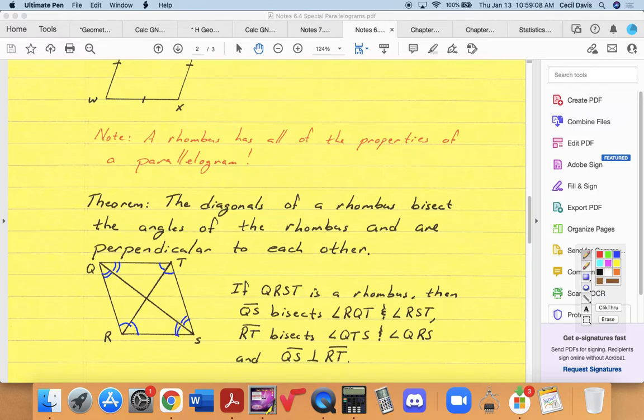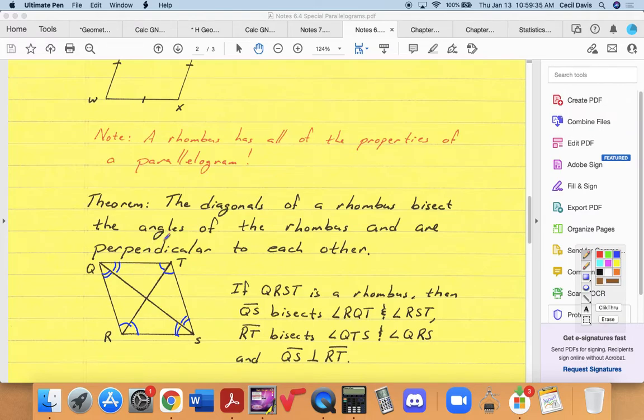But they're not all congruent. All four of these are going to be congruent, yes. I mean, all 8. Not all 8, no. Why not? Because angle QRS is more than 180, and angle RQT is less than 180. So when we cut them in half, they can't be equal to each other.